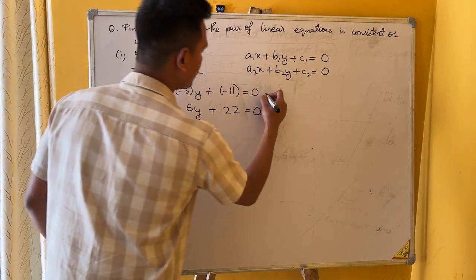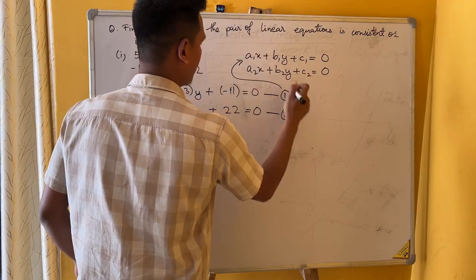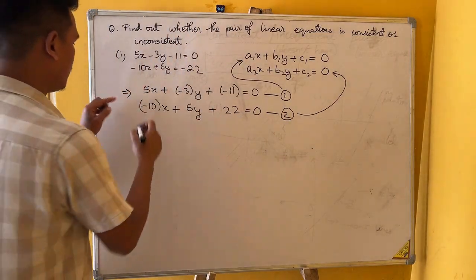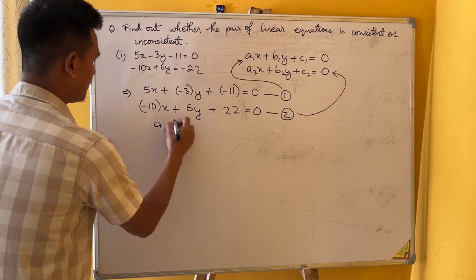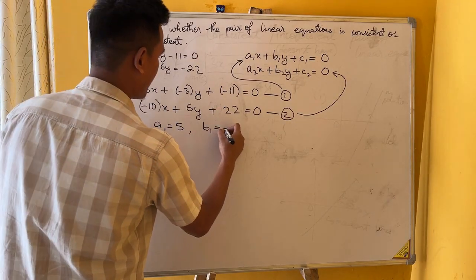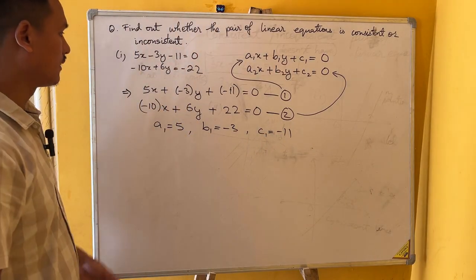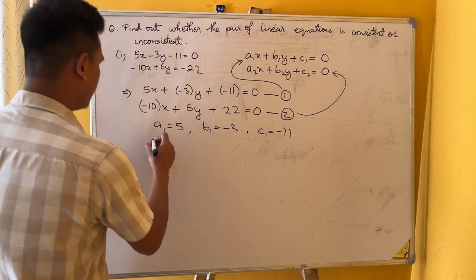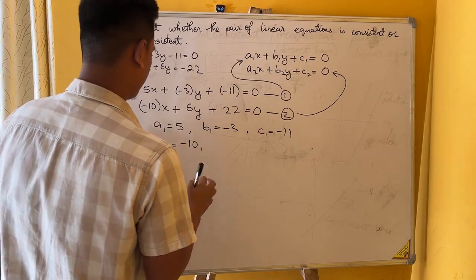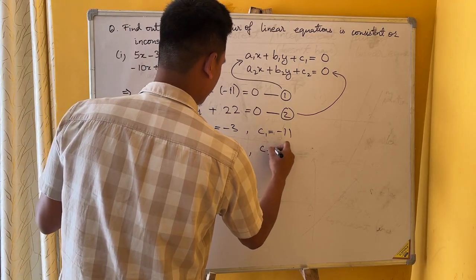Now compare equation 1 with this and equation 2 with this equation. So from equation 1, a1 is how much? It's 5. b1 is minus 3 and c1 is minus 11. While from equation 2, a2 is minus 10, b2 is 6 and c2 is 22.